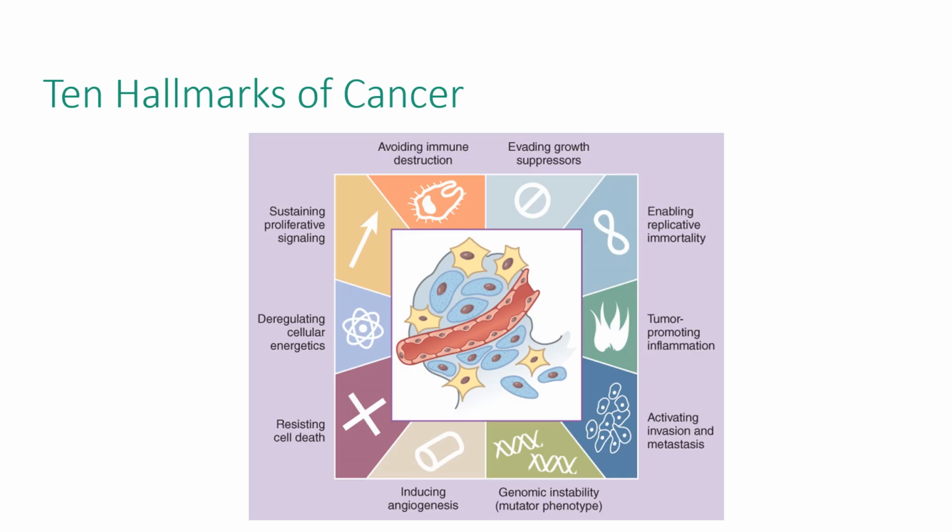Inducing angiogenesis is where the tumors recruit the blood supply. Activating invasion and metastasis is tissue destruction and spread. These hallmarks translate into irregular borders, stromal invasion, neovascularization, and tumor-associated inflammation. Cancer doesn't invent new behaviors, it exploits existing cellular survival tools and just turns them up to 11.